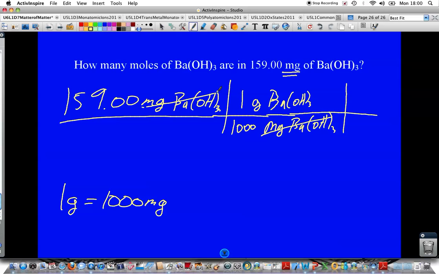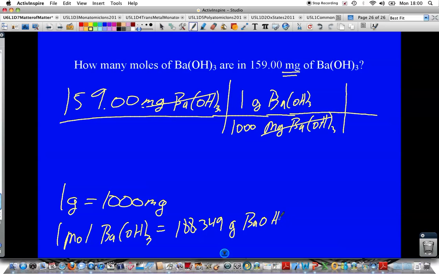Then I'm going to use my molar mass, which we calculated in the problem before: 1 mole of barium hydroxide is equal to 188.349 grams of barium hydroxide. We're going to do the same thing as we did before. Since we have grams on top, we want grams on the bottom so it'll cancel.